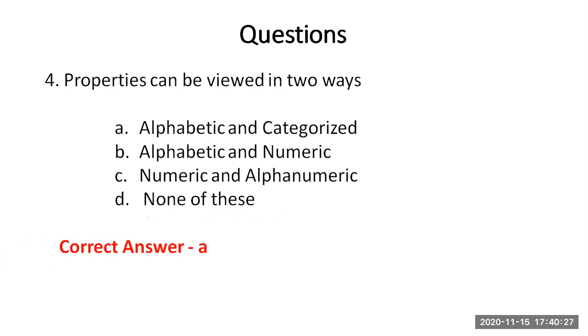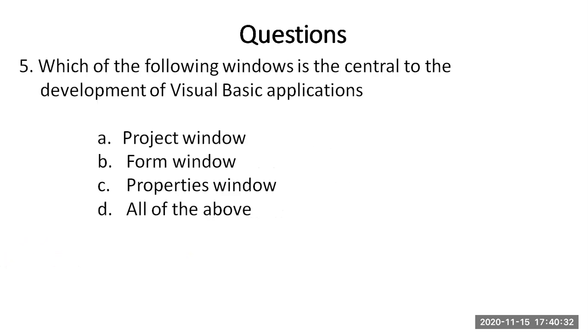The correct answer is alphabetic and categorized. Which of the following windows is central to the development of Visual Basic applications? Project window, form window, properties window, all of the above. The correct answer is form window.